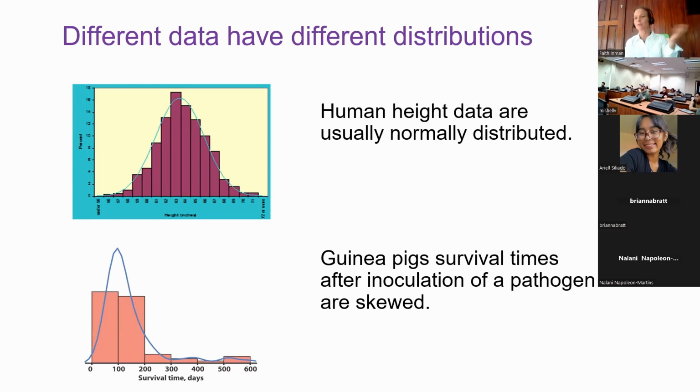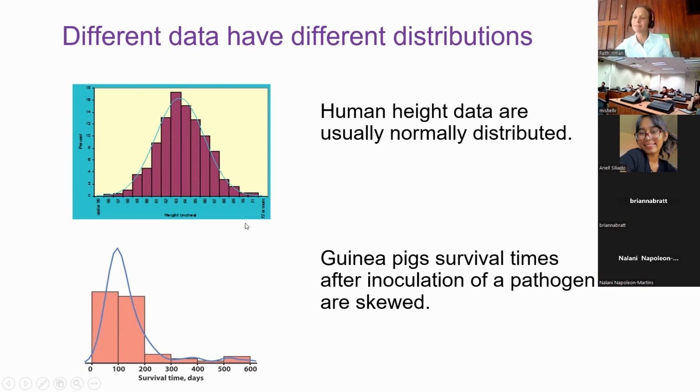They were like, this is happening all the time, this is how data just show up. When we take data on, for example, human height, it just happens to be normally distributed. You have very few people who are very short, very few people who are very tall, and most people are somewhere in the middle. Just how it is.